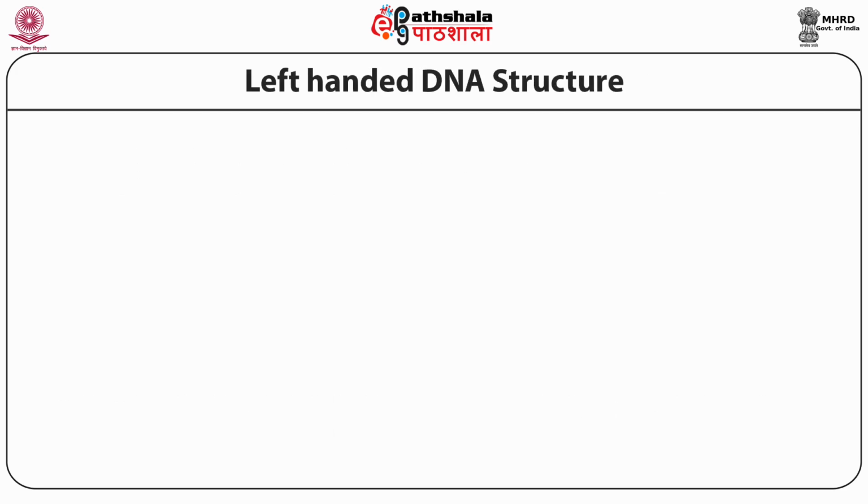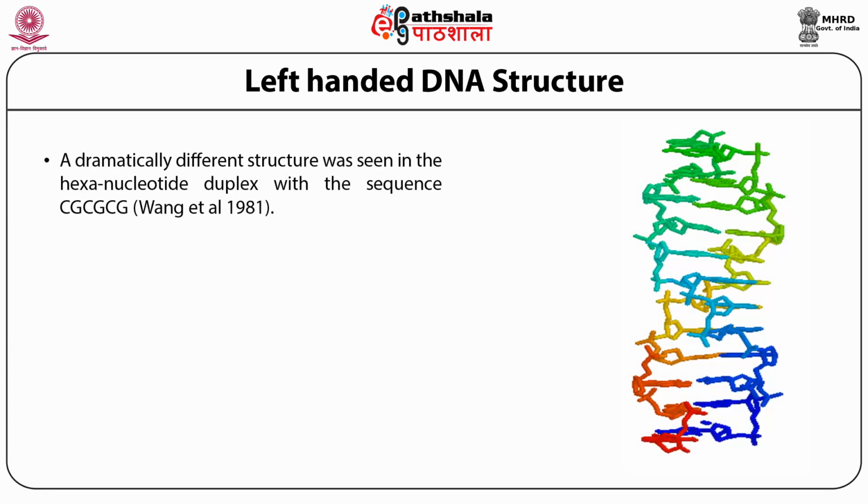conformations. Left-handed DNA structure. A dramatically different structure was seen in a hexanucleotide duplex with the sequence CG, CG, CG. This structure was solved by Wang and Alexander Rich and many other authors.